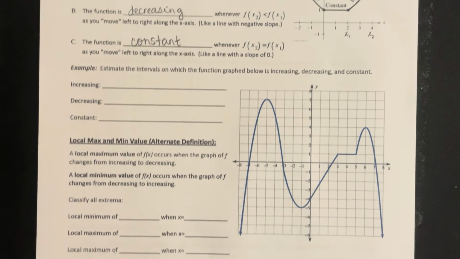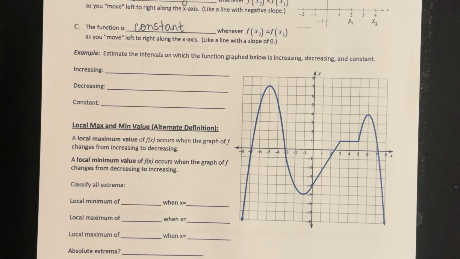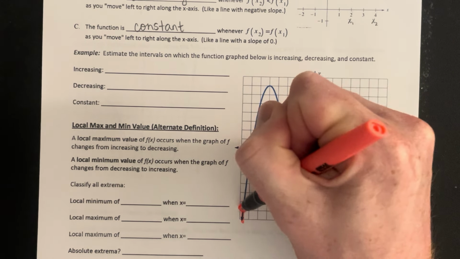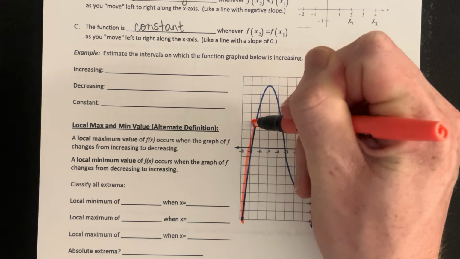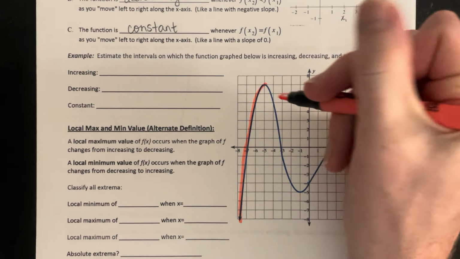We have a graph of a function here, and we want to describe when the function is increasing, decreasing, and constant. And so I'm going to start off by highlighting when the function is increasing. We can see that it's going up here in the beginning, and then it stops increasing once it turns.